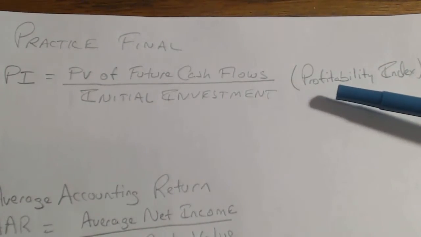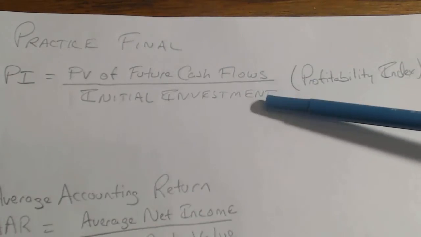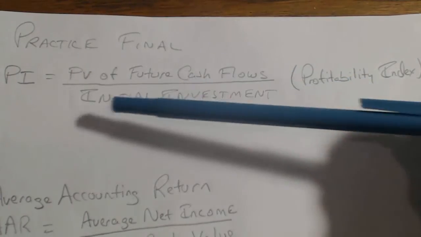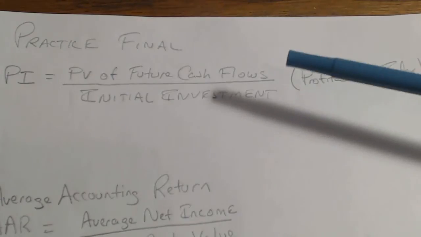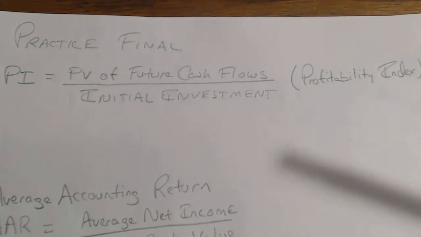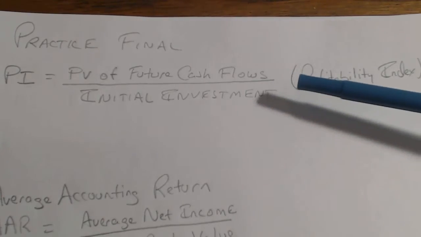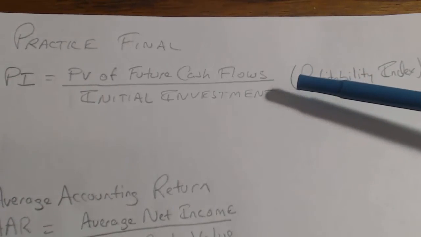If your net present value is negative, which means that the cash flows number is smaller than the initial investment, that means your profitability index will be less than 1, which means your net present value is negative. So at 1, that means your net present value is equal to 0. Okay, but that's not what they're asking for in this question.